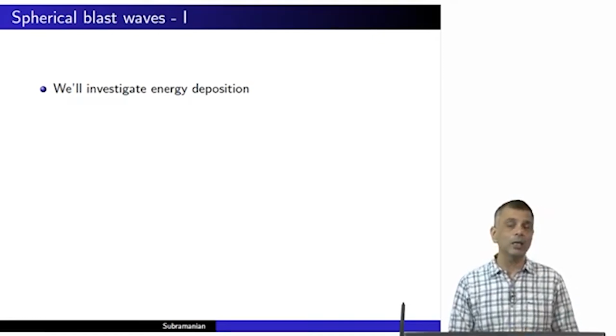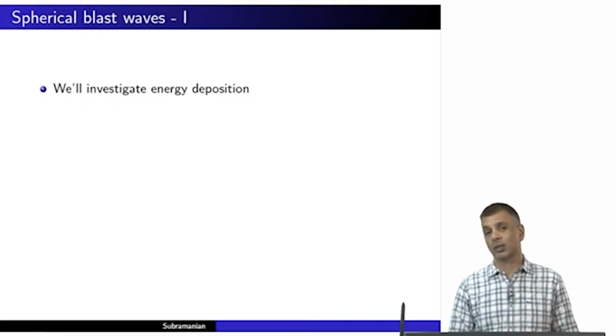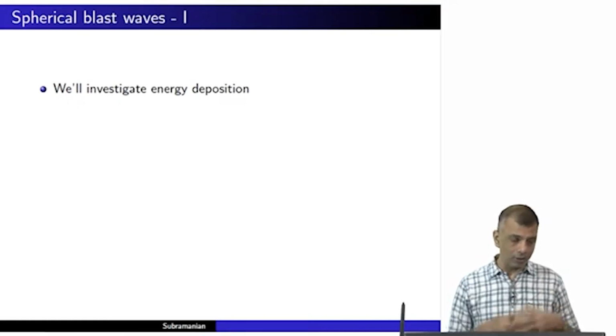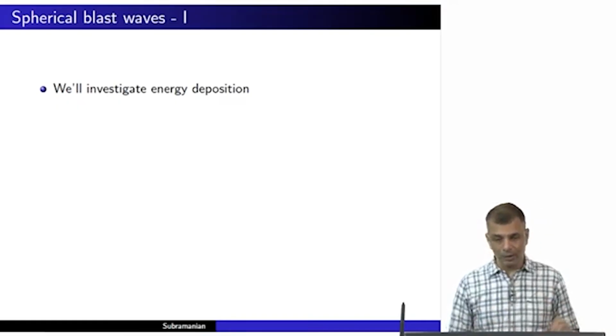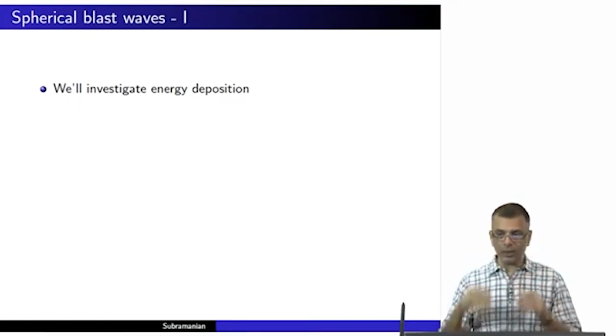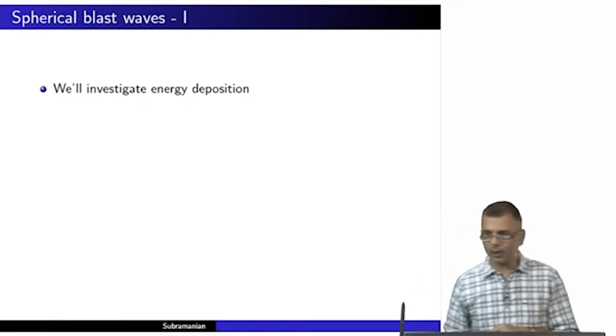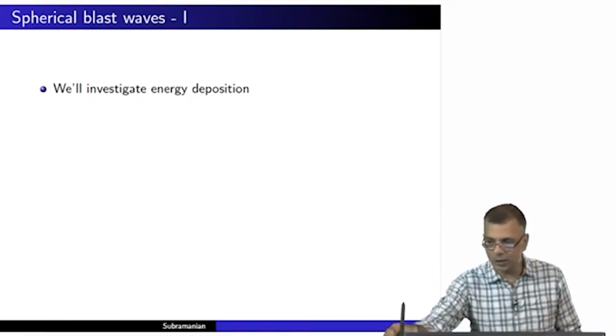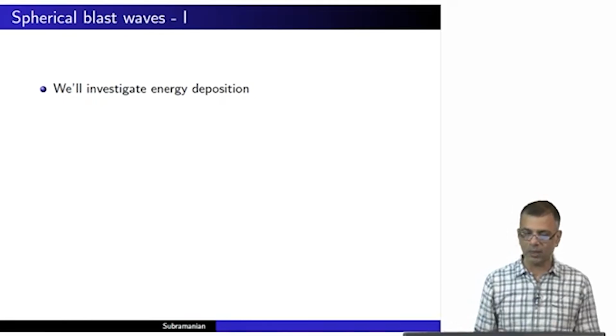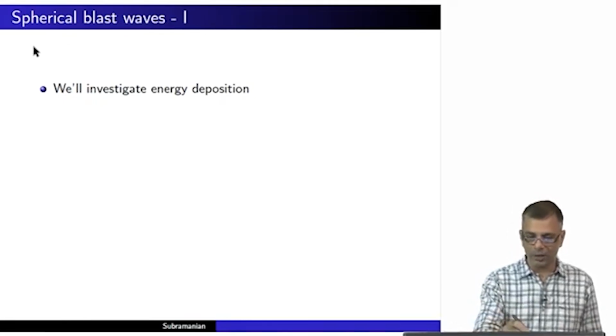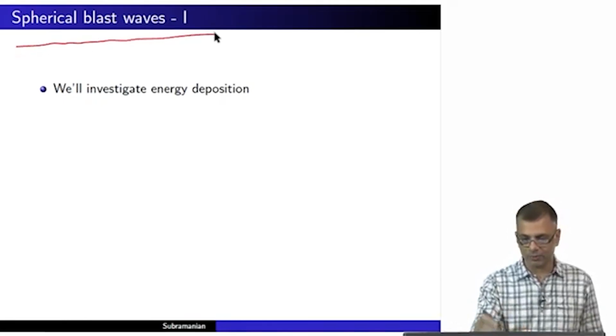Now, we will turn our attention to one such astrophysical situation where shocks are known to form, that of supernova explosions. Okay. And in particular, we will approach supernova explosions from the point of view of spherical blast waves.